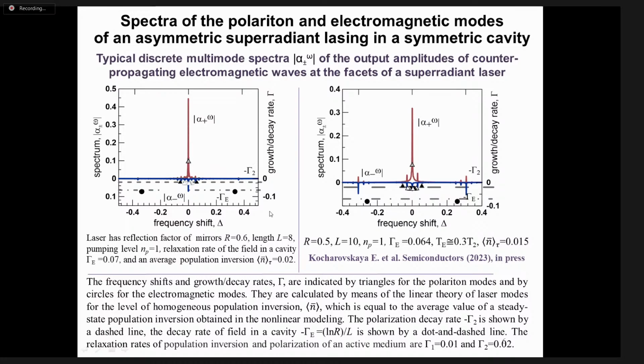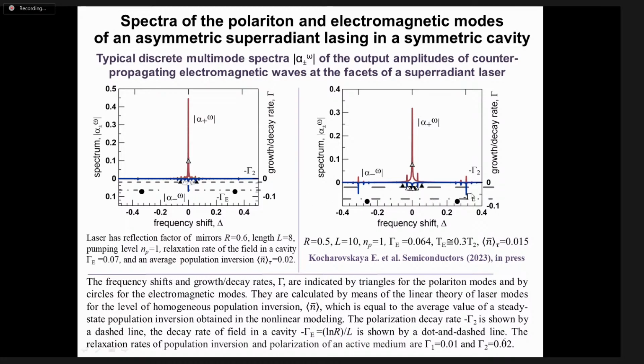In the general picture, for different parameters of the cavity you have different numbers of these polariton and electromagnetic modes and different amplitudes of these modes, but in a very wide range of parameters these self-modulation oscillations are quite weak.